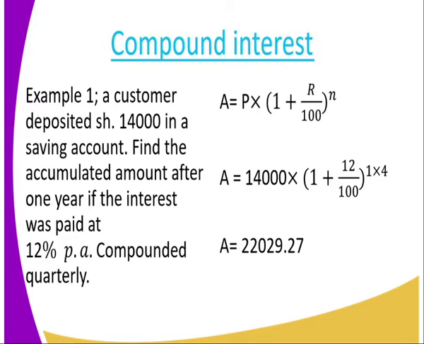But my rate is supposed to be 12 divided by 1 and by 4 because it will be compounded quarterly. So it is 3. So where I have 12 there, it's supposed to be 3 over 100. But my time is supposed to be 1 times 4. So in that case, what do I get? I get 22,029 and 27 cents. So that is the way it's supposed to be calculated.